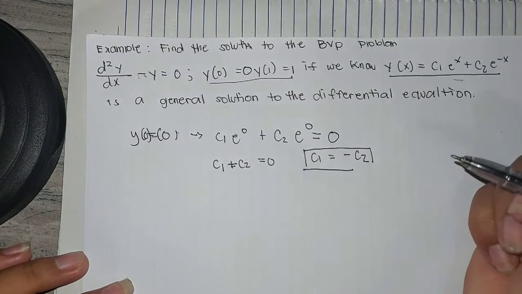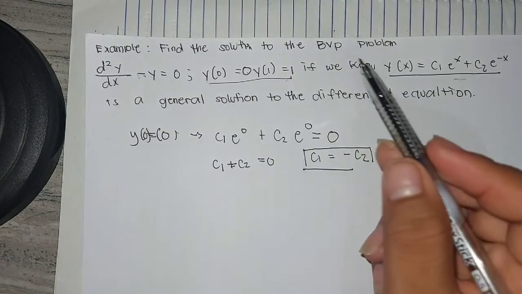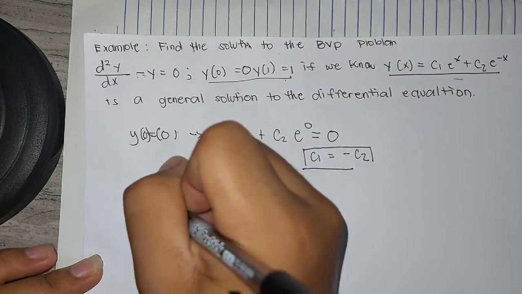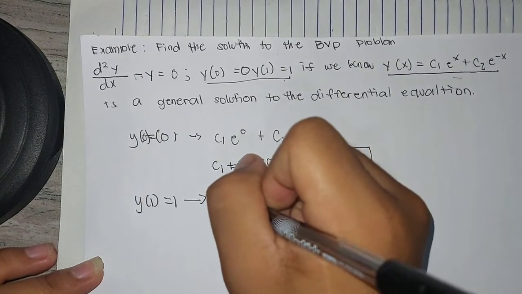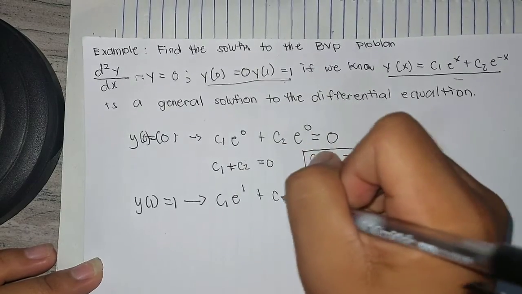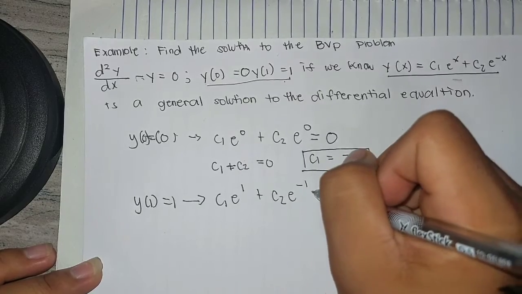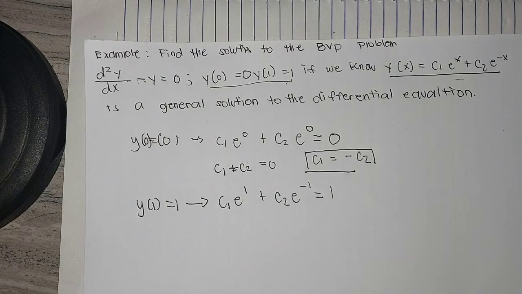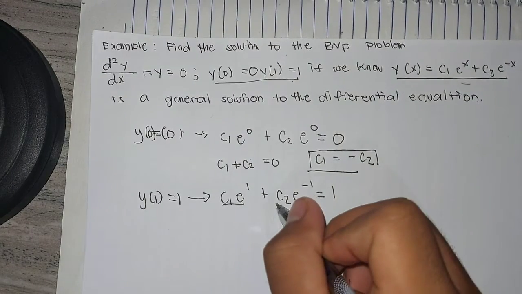Now we'll use the fact that y of 1 is equal to 1. So we have c sub 1 times e to the power of 1 plus c sub 2 times e to the negative 1, and that must be equal to 1. Again, we're trying to find the values of c sub 1 and c sub 2.